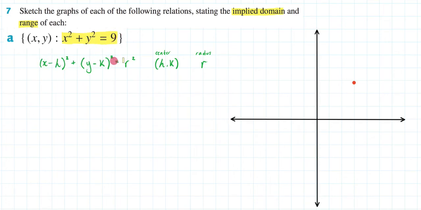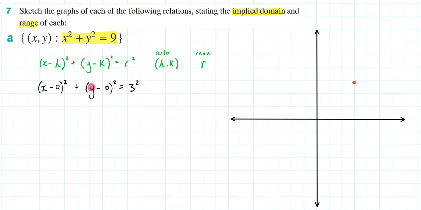Here is my standard equation for a circle, also known as the center radius version of an equation of a circle, because my h and k will give me my center and my r will give me my radius. So now if I was to get this x squared plus y squared equals 9 and write it like this, what I'm going to get is x minus 0 squared plus y minus 0 squared equals 3 squared.